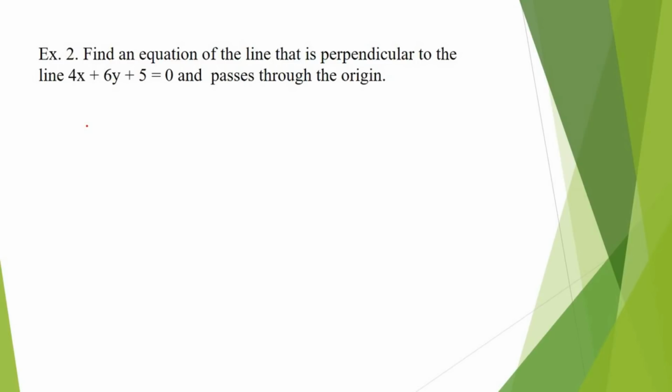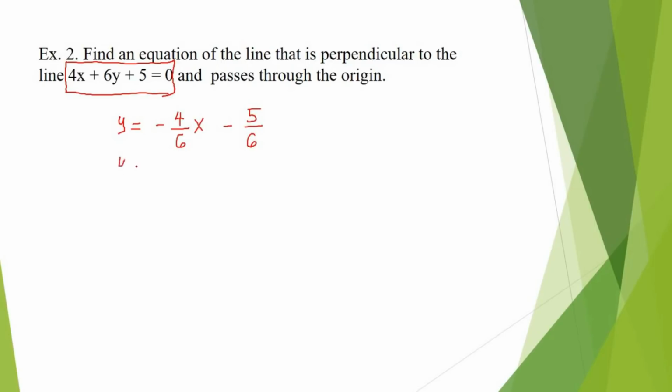So our general form is this equation. So we will rewrite this equation. We can rewrite this equation as y is equal to, again, negative 4 over 6x minus 5 over 6.